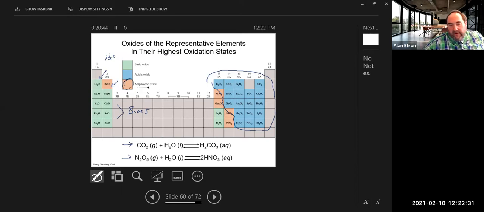Orange is amphoteric, and they can go both ways. Sometimes, when they react with water, they make an acid, or they react with water and make a base. So the left-hand side is where we expect to find basic type stuff. Right-hand side, we find our acidic oxides when they react with water. Any questions on that?